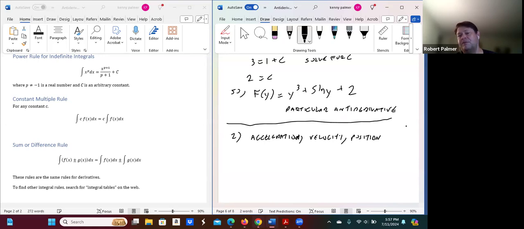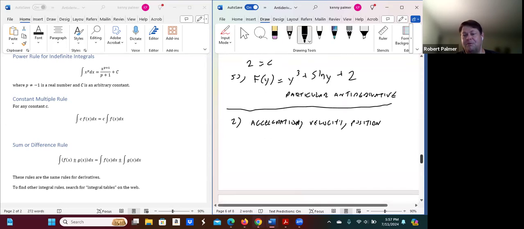I hope you remember, if you think about position in terms of a variable time, you take the derivative of position, you get your velocity. Position with respect to time is velocity, and then velocity with respect to time is acceleration. So now we're going backwards. Now we have to do this indefinite integral or take the antiderivative to go from acceleration to velocity to position. All right, so here's what we have.